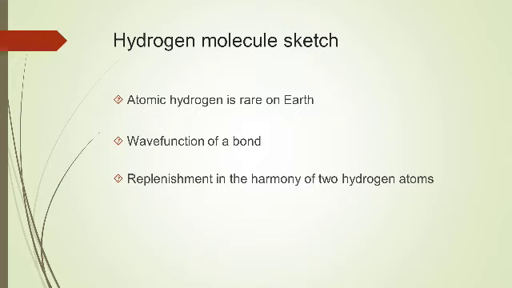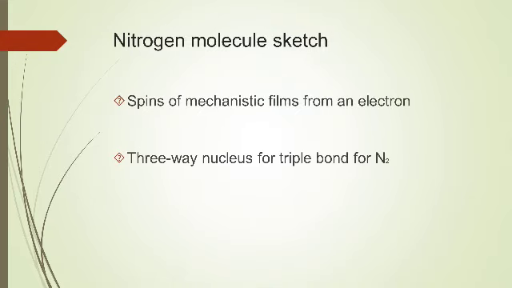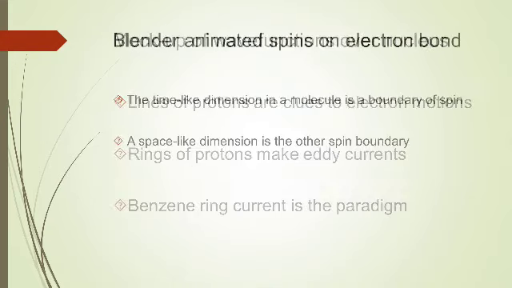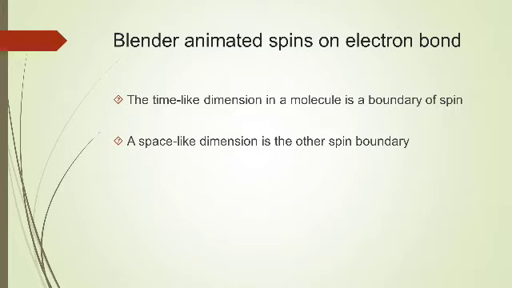So going back now to my final slide, I'm going to be telling you about the animated spins. The time-like dimension in a molecule is a boundary of spin. A space-like dimension is the other spin boundary. And once these are working in Blender, photons can break out from these membranes.